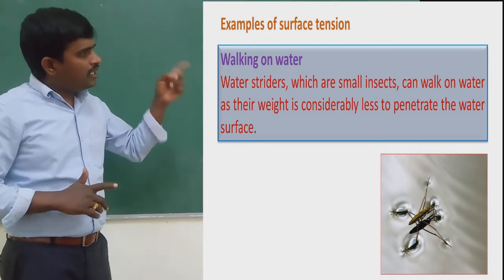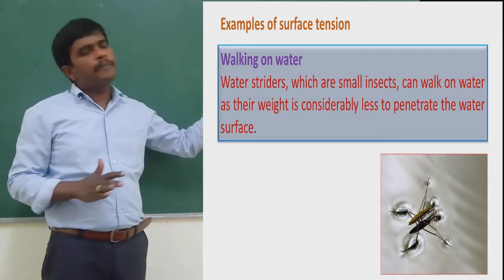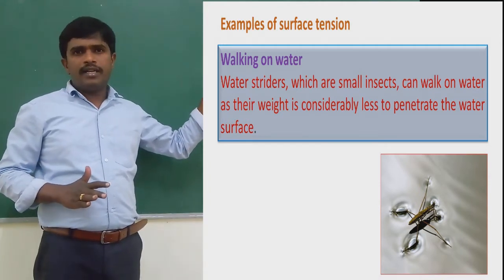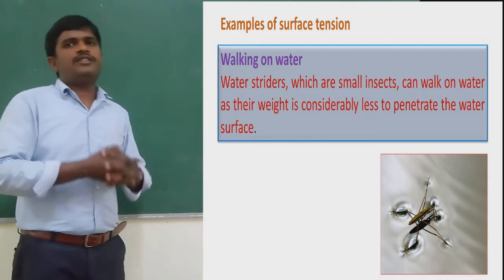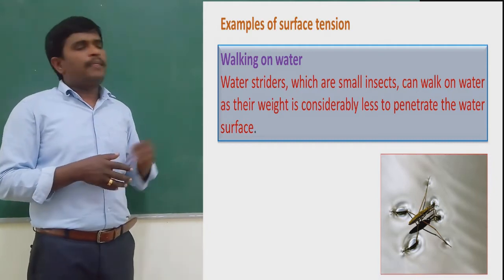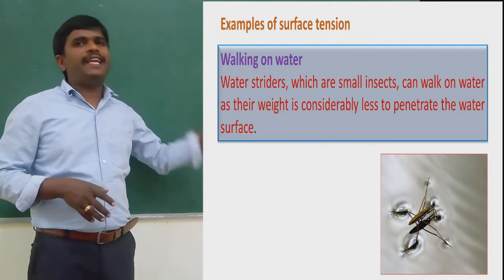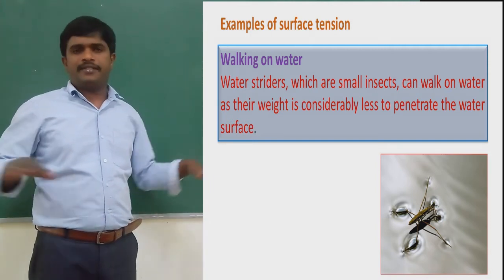See the picture here, that insect, a water strider, can walk on the water. This is because of the surface tension of the water, and also the weight of the insect is considerably too small to penetrate that water surface.